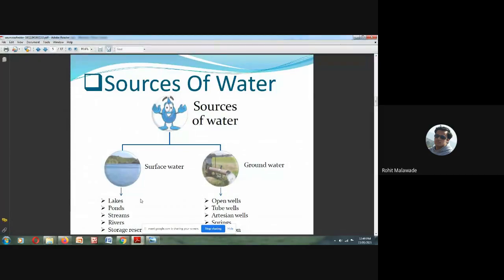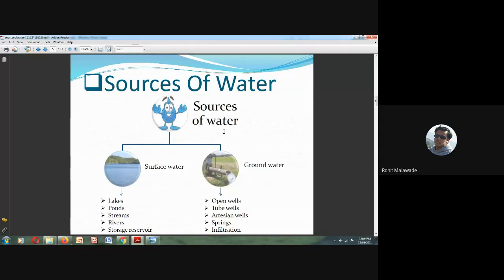Surface water has these classifications: lakes, ponds, streams, rivers, and storage reservoirs. I'll repeat: lake, pond, stream, rivers, as well as storage reservoirs are our sources of drinking water. The water present over the ground level we call surface water.